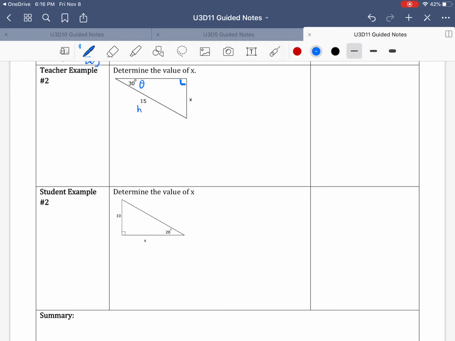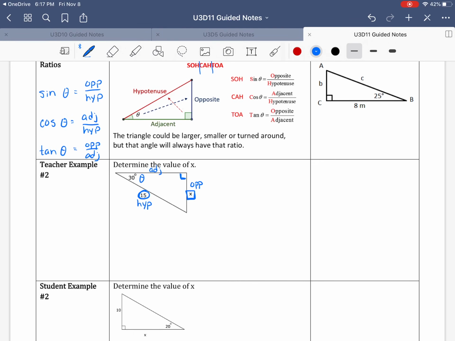So 30 is our theta, 15 is the hypotenuse, x is our opposite, and up here is adjacent. Now, since we're given information about the hypotenuse and we are looking for the opposite, we would want to use a ratio that includes hypotenuse and opposite, which in this case is sine.